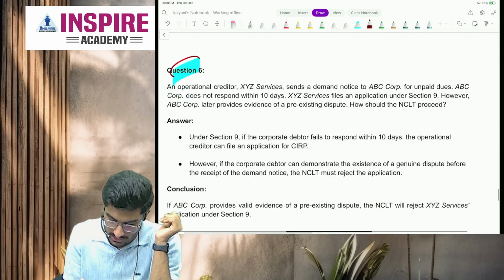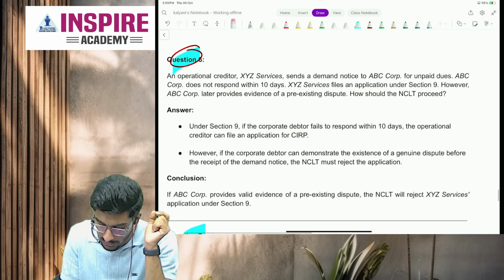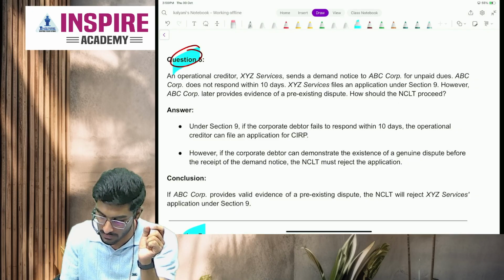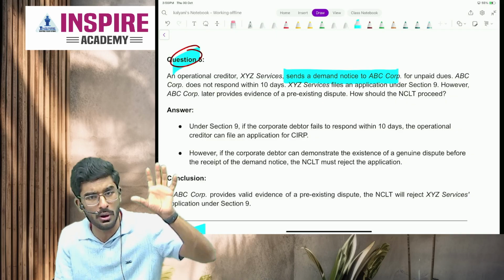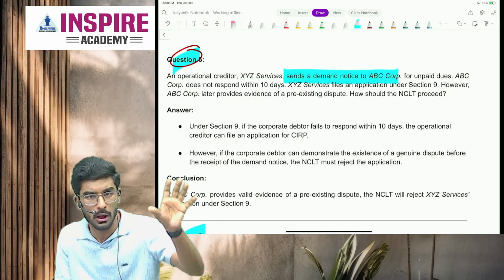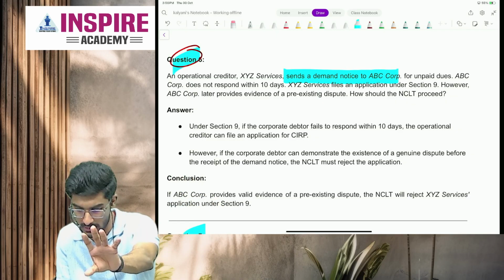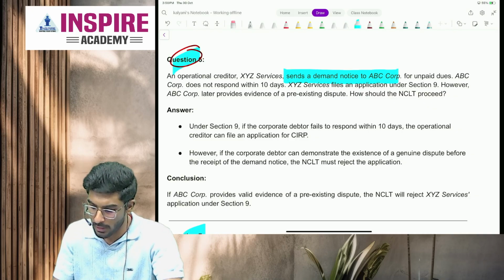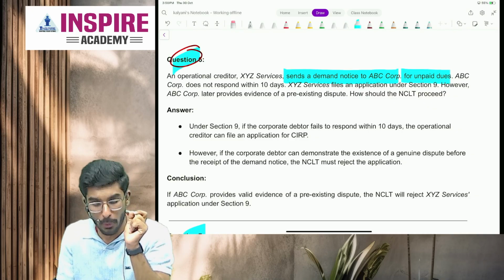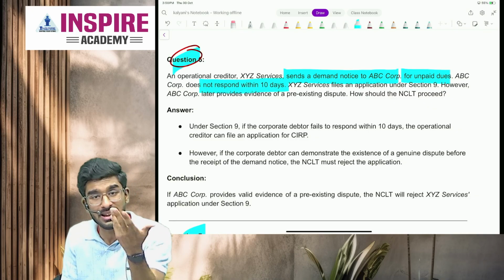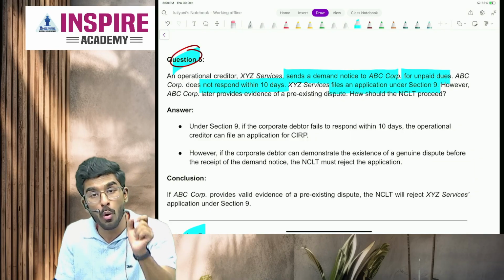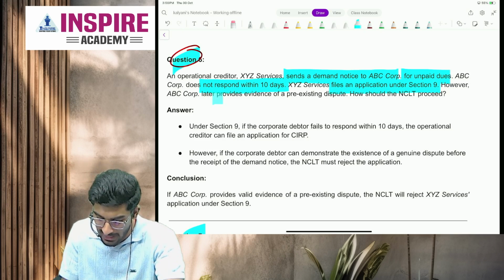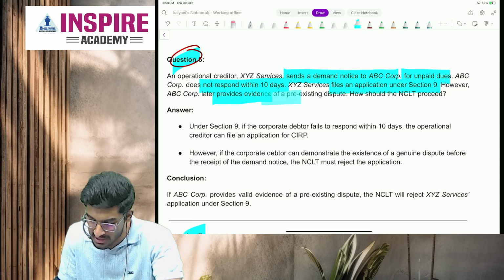Now question number 6. An operational creditor, XYZ Services, sends a demand notice to ABC Corporation for unpaid dues. ABC Corporation does not respond within 10 days. XYZ Services files an application under Section 9. However, ABC provides evidence of a pre-existing dispute.